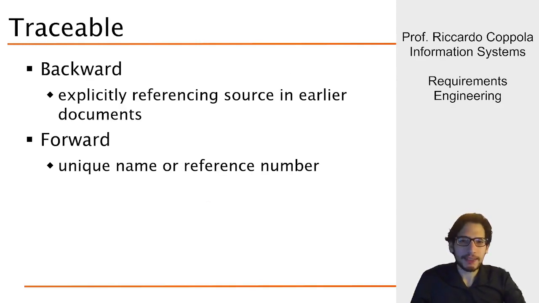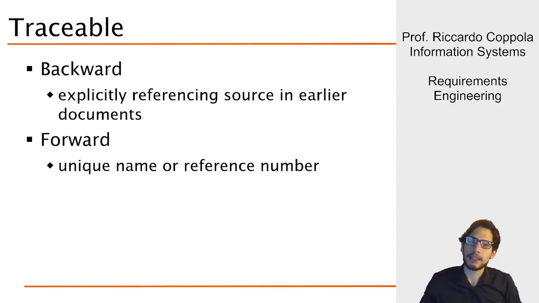The last aspect that we need to take into consideration is the traceability of requirements. I need to know who is guilty for a requirement, who is responsible for a requirement. So I need to understand what is the origin of a requirement, and I need to be able to follow the path, the development process that we have seen in the very beginning, the V model.